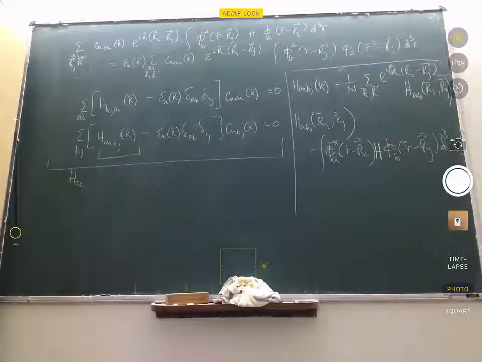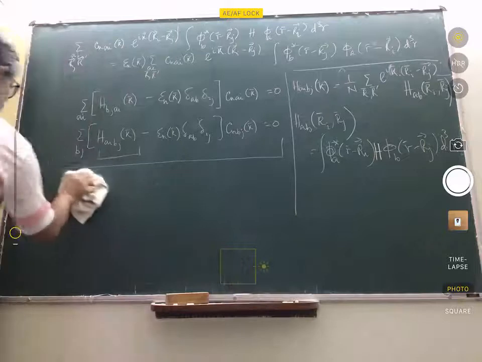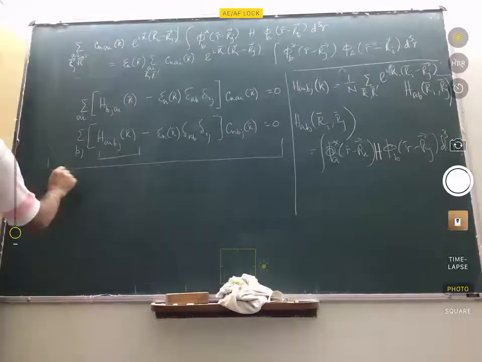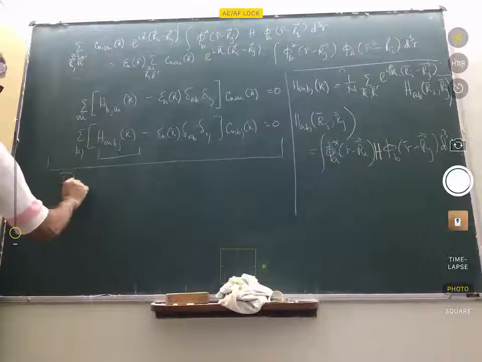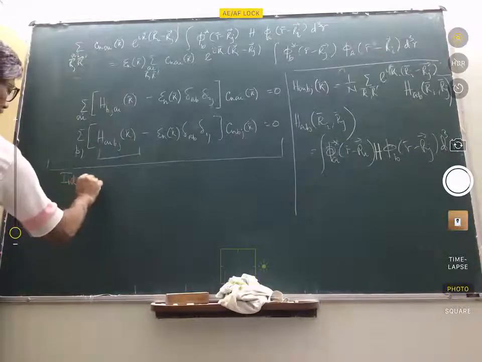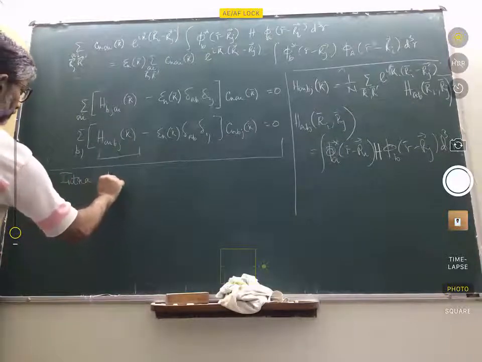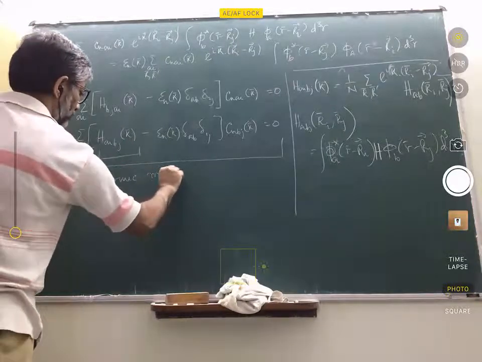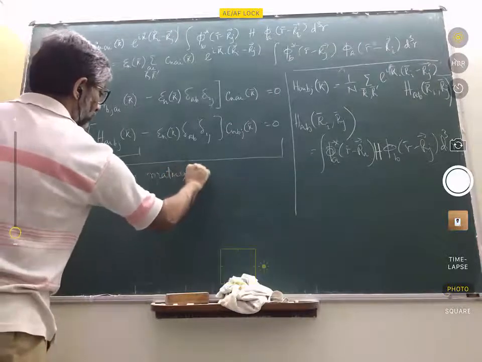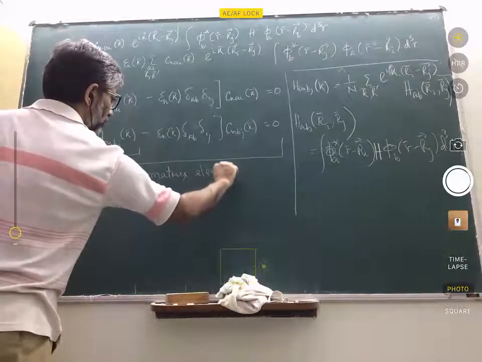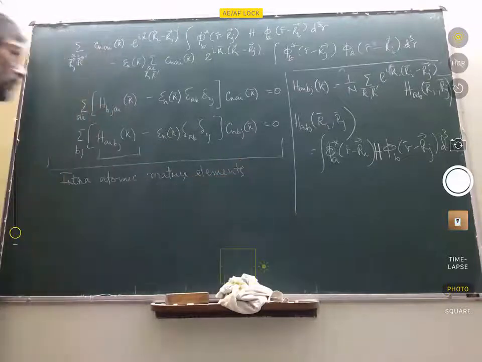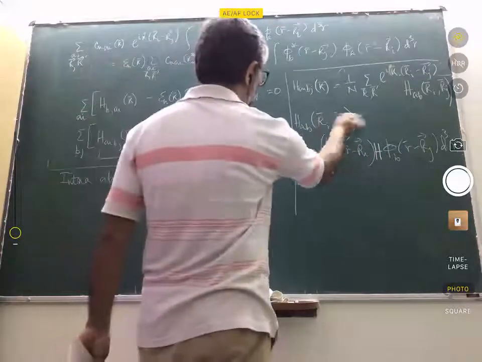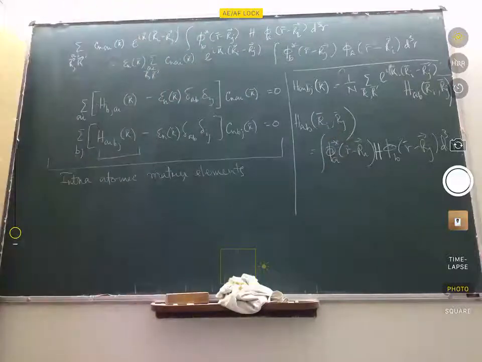First let us look at the intra-atomic matrix elements. When I say intra-atomic matrix element, we look at the same atom, so Ri is equal to Rj in this case.